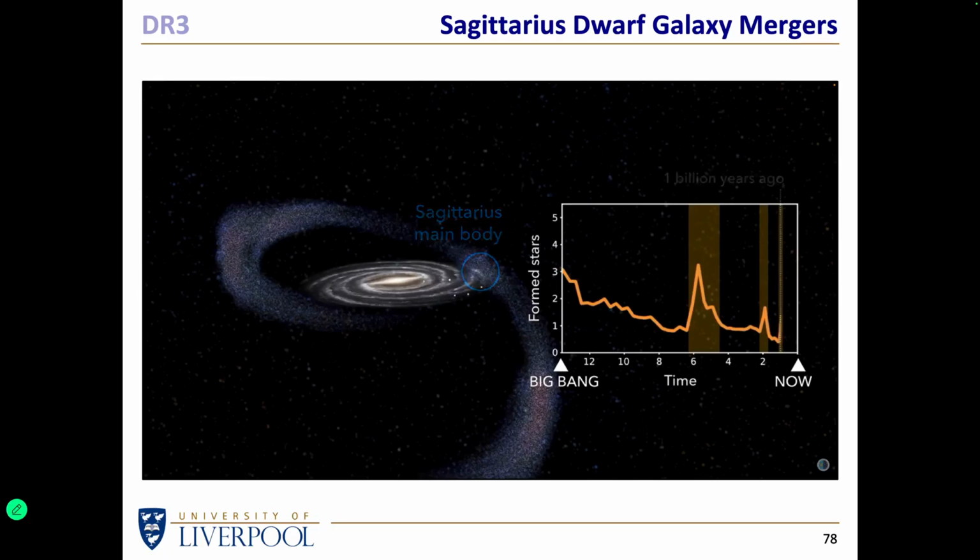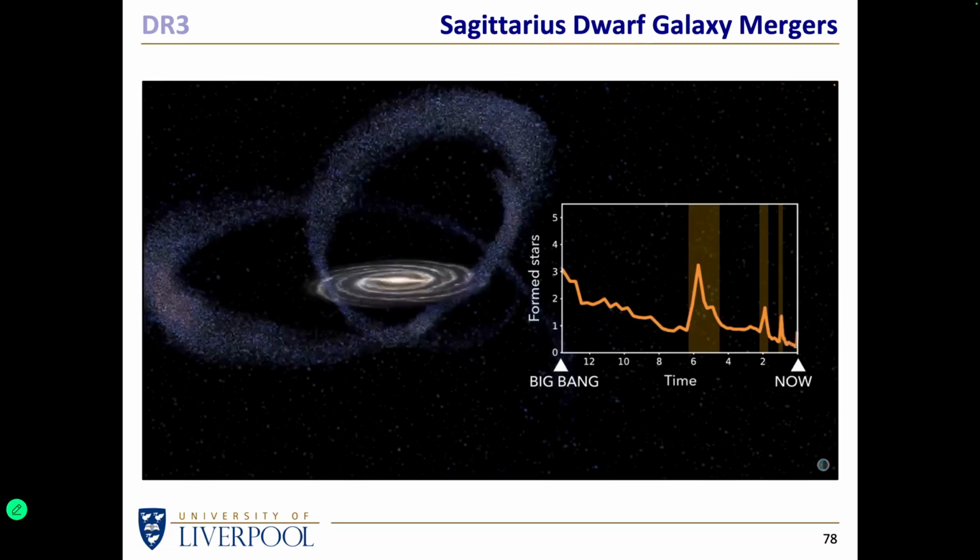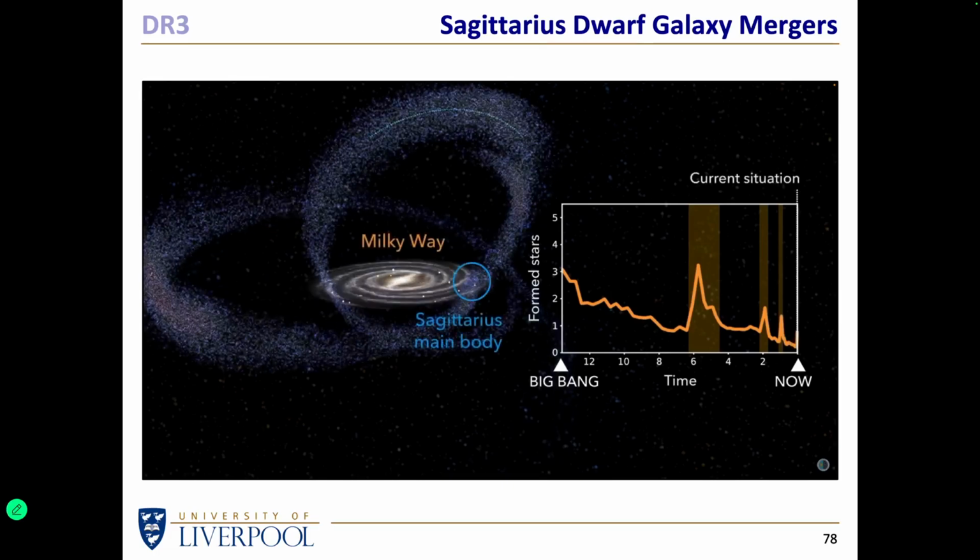So this particular object has interacted with the disk of the Milky Way at least 3 times that we can determine. And it's left this breadcrumb trail, if you like, this star stream of stars that have been left behind by the tidal interactions of this galaxy getting close to the Milky Way.